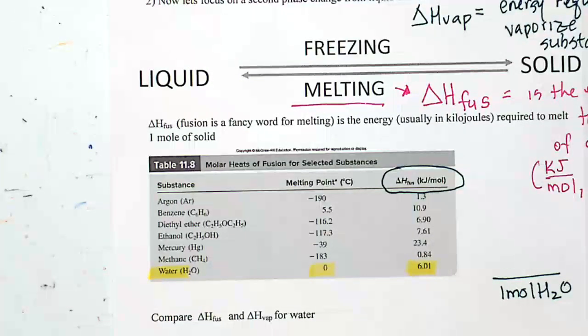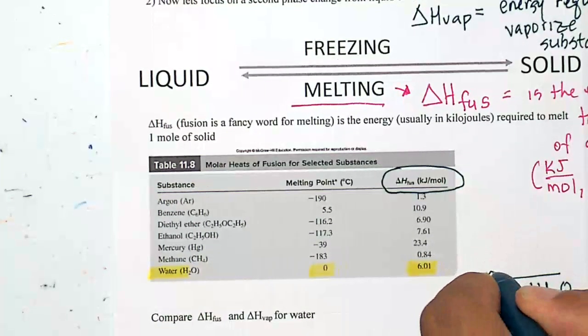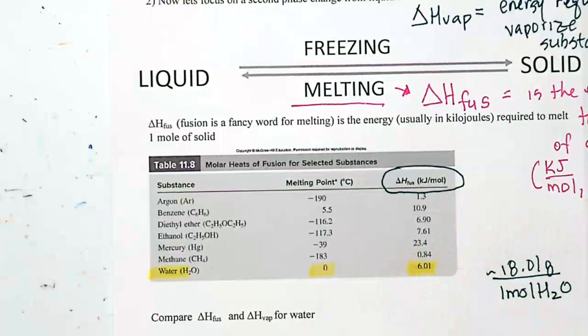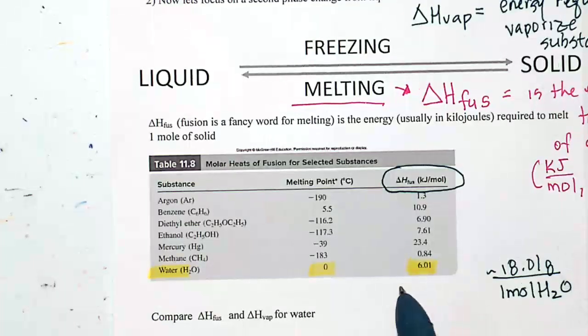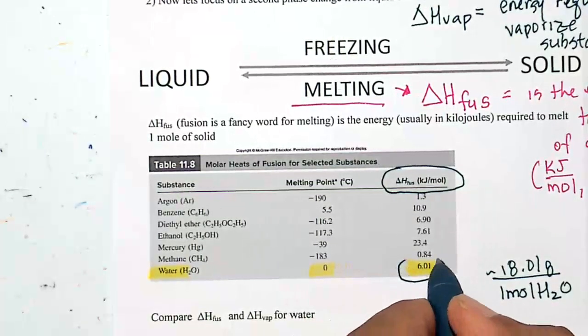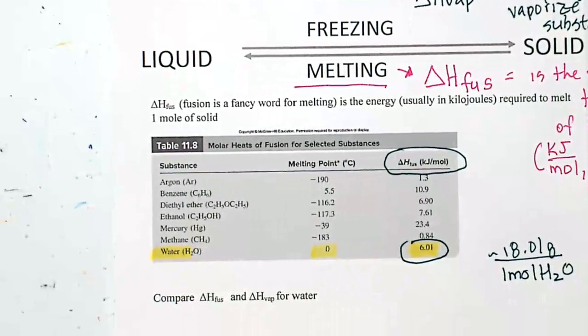So 1 mole of water is about 18.02 grams, however accurate you want to be. So to melt 1 mole of water, to melt 18 grams of water, same thing, you need about 6 kilojoules, or 6,000 joules. And most of that energy is going to break up what? The hydrogen bonds. That's correct. Very good.